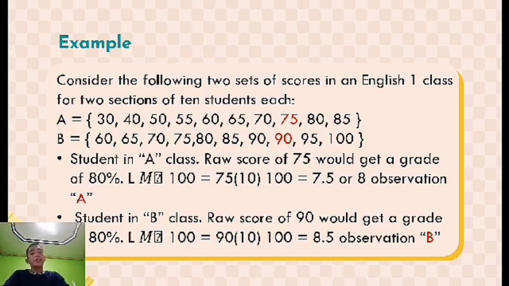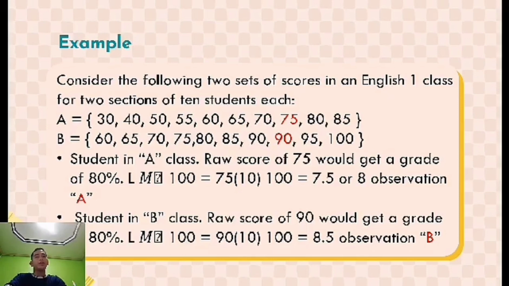A student in class A got a raw score of 75 and would get a grade of 80%. Because we use the percentile formula, the raw score is 75 multiplied by 10 over 100. So the result is 7.5 or 8, so 80%.